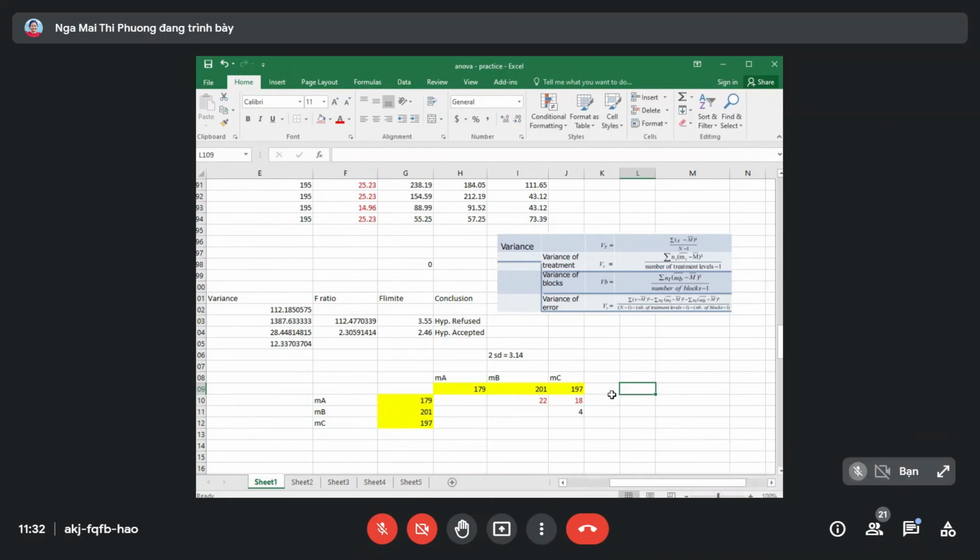Okay, so fit A, fit B, and fit C are different, right? And which one is the best? Fit B, because it has the highest. Fit B is the best because the average of fit B is highest.